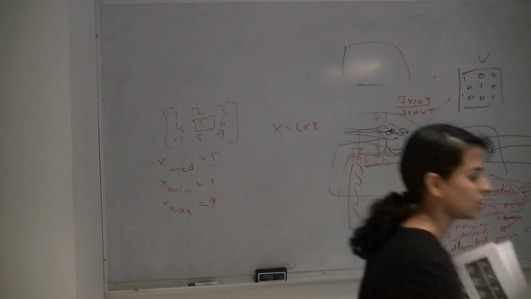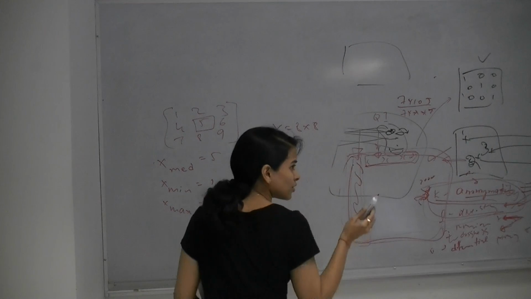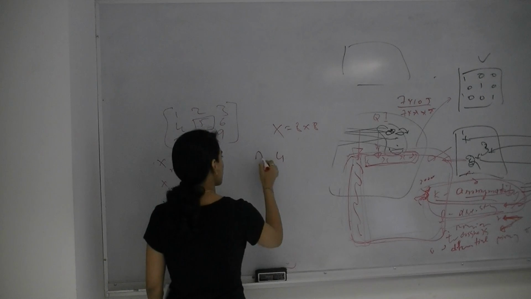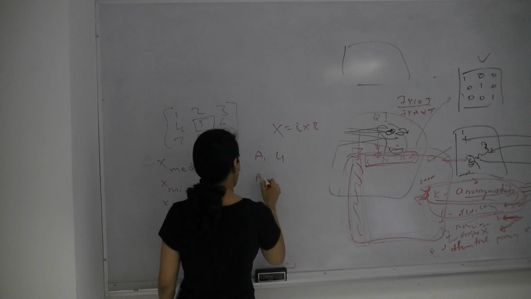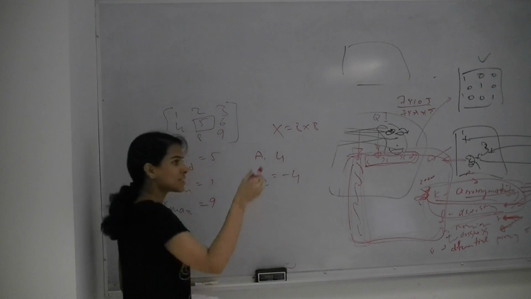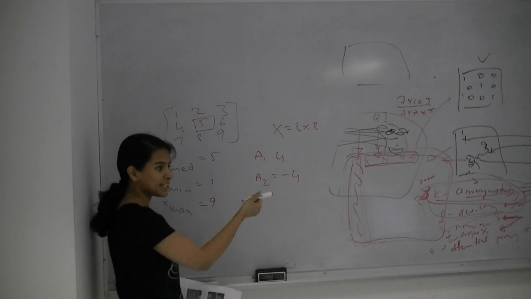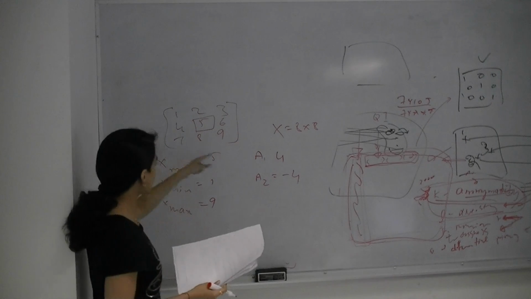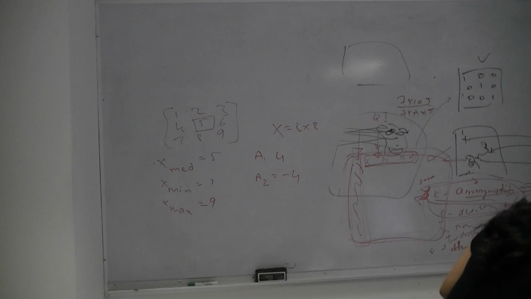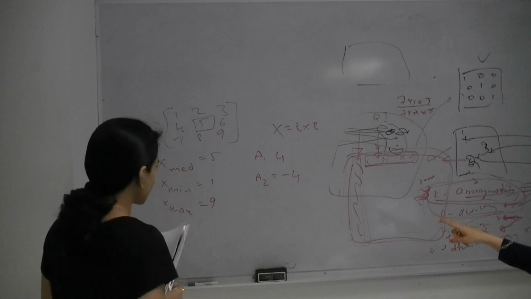So we calculate A1 and A2, that's the T1 and T2 which I said. A1 should be X median minus X minimum, so it will be 4, and A2 will be minus 4. So it satisfied the condition that A1 is greater than 0 and A2 is less than 0. If this condition is satisfied, then according to the truth table, it doesn't have any noise. How can I find A2 as minus 4?